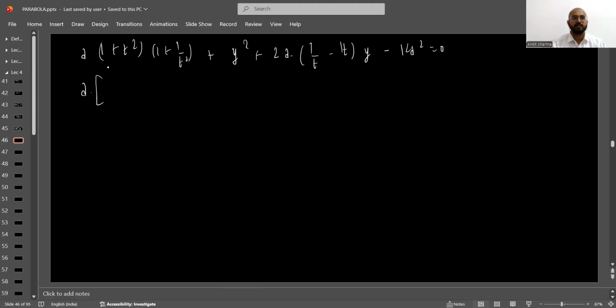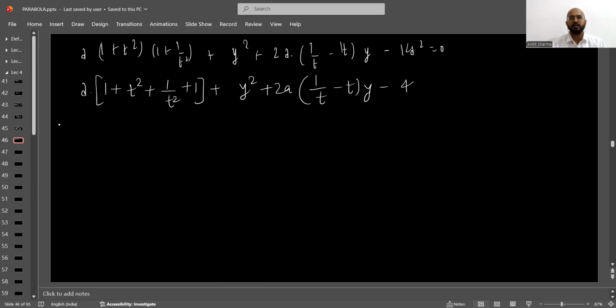So a into, let's multiply them. So 1 plus t square plus 1 over t square plus 1 plus y square. This is plus y square plus 2a times 1 by t minus t into y minus 4a square is equal to 0. So we can expand this now further. This could be written as a into t square plus 1 over t, but since this is 1 over t, I'll be writing t minus 1 over t the whole square.